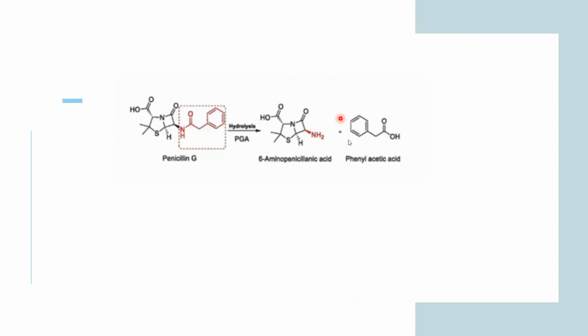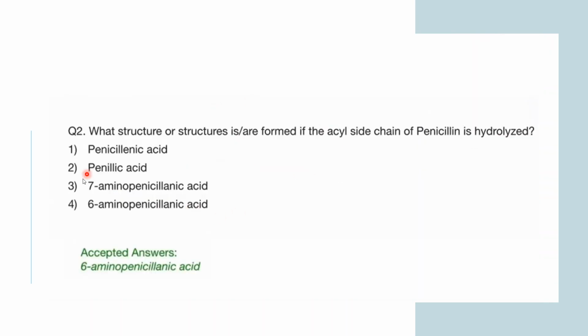Okay, so the hydrolysis product is 6 amino penicillinic acid. So the right answer is 6 amino penicillinic acid. I hope it is clear to all of you how the penicillin side chain is getting hydrolyzed to give you 6 amino penicillinic acid.